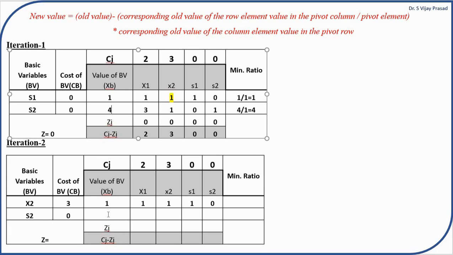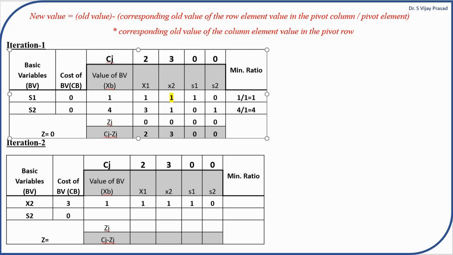For this new value we are going to find out: the new value will become the old value minus the corresponding old value of the row element in the pivot column, divided by the pivot column, into the corresponding old value of the column element in the pivot row. Like this you have to calculate. It is very simple.